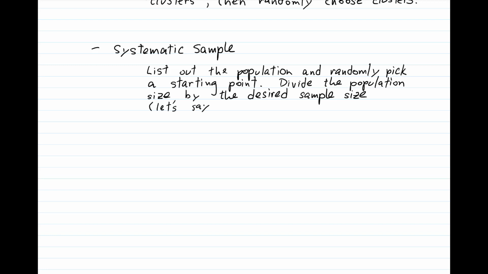Let's say you get a number, I'll just call it K. The book says N here, but I believe I used N for something else earlier in this lecture, so I'm just going to say K.